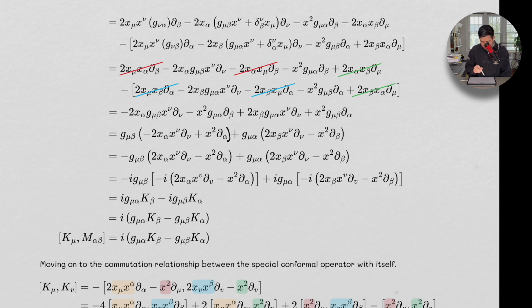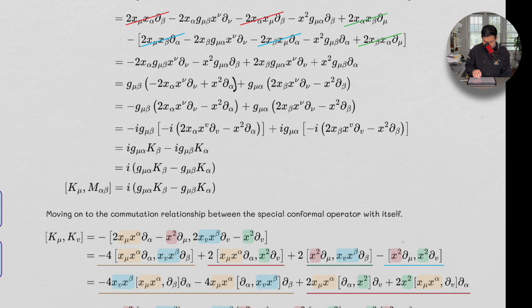All right, and then we have this guy here, right? So from here to here, it's just multiplying out by negative, right? And then everything else here stays the same. And then from here to here, we have negative i, g mu beta, right?